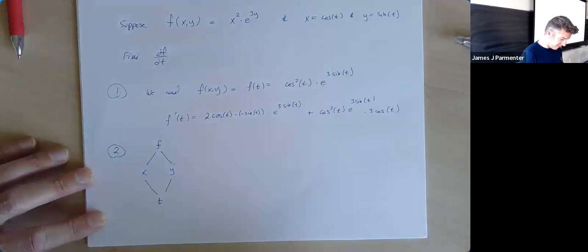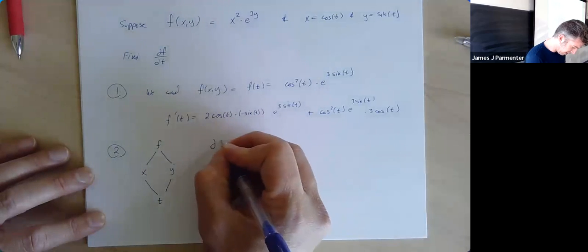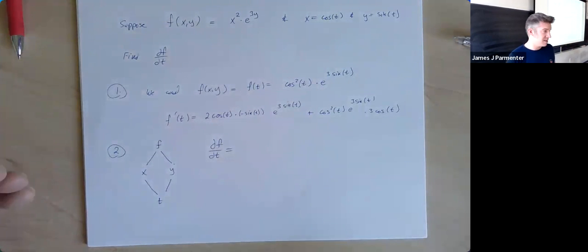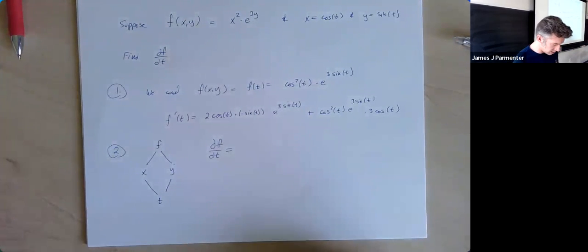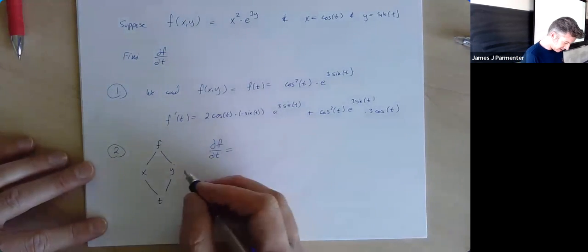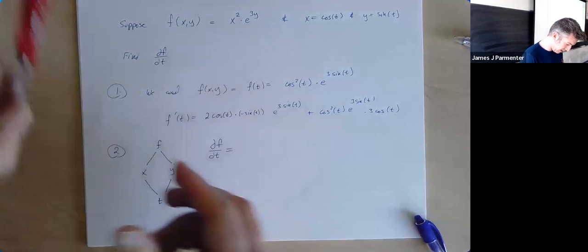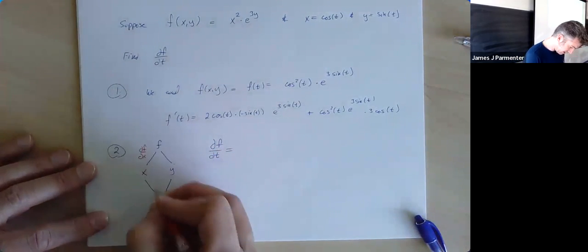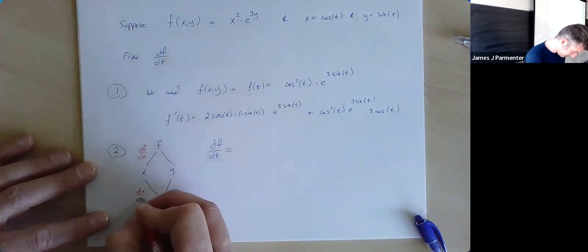If I want to find the derivative of f with respect to t, I'm going to find all of the paths that get me from f to t. One path is first going through x and then going to t. From f to x, that's del f del x. X to t is dx dt.